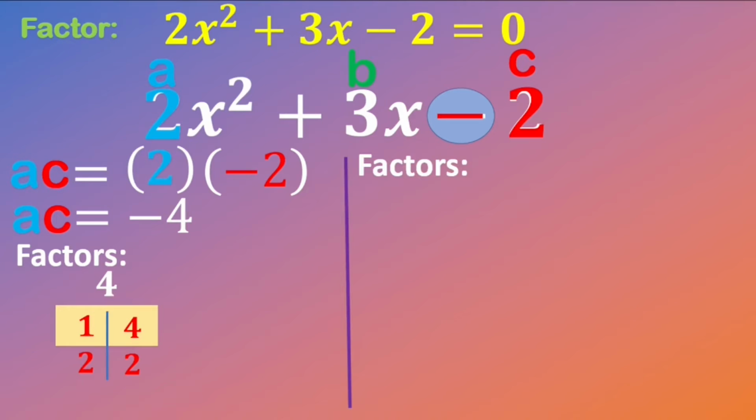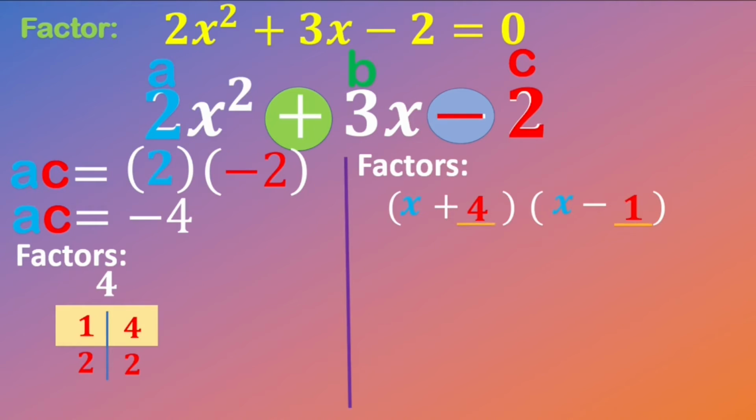Now, let's rewrite these factors into factored form. We have x squared has a factor of x and x. Since the last term is negative, therefore one factor is addition and the other factor is subtraction. And take note, the second term is positive. Therefore, the larger factor will be placed within the expression which has addition. Therefore, 4 will be on the positive and 1 will be on the negative. Step 2, divide each of the factors by the value of a.